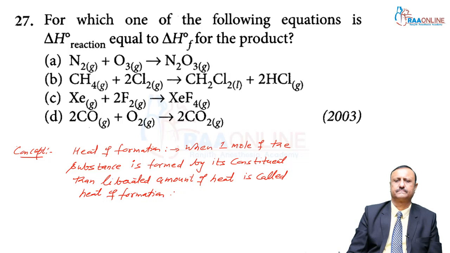Here you can see the N2O3. Question number 27, nitrogen and ozone. But in this question, the elements are nitrogen and ozone. The enthalpy of ozone is not 0. The enthalpy of an element must be 0, but ozone is not 0, because ozone is formed from oxygen plus O, and it is a reversible reaction also.